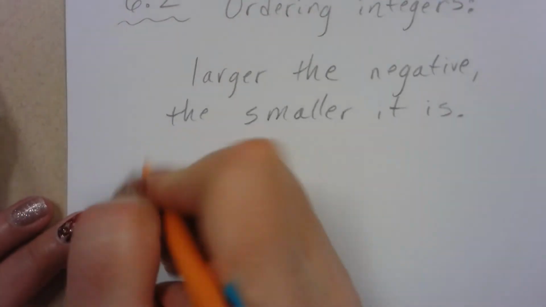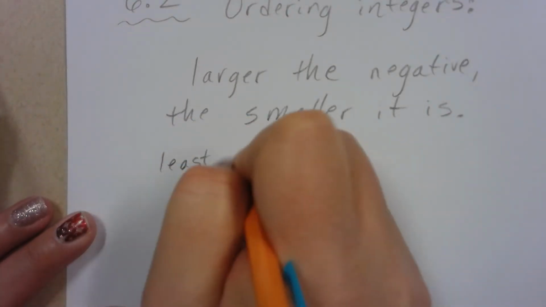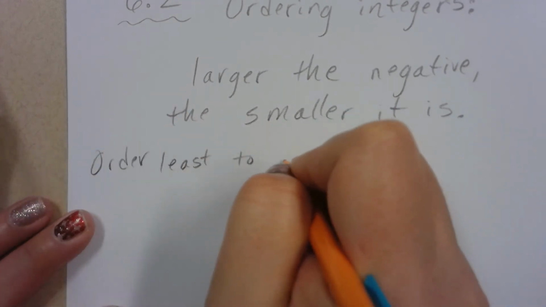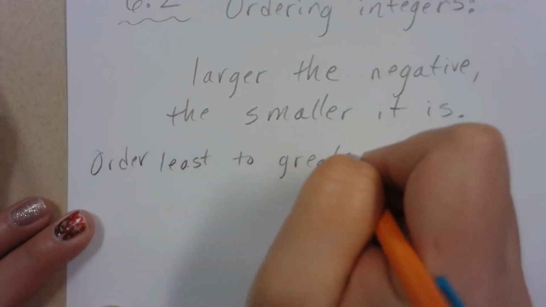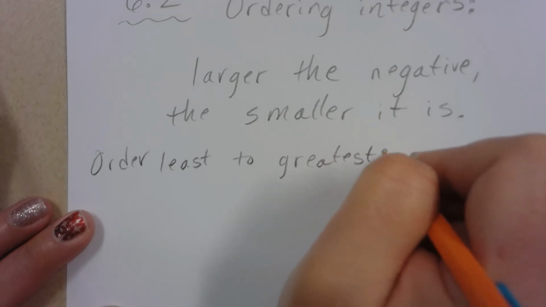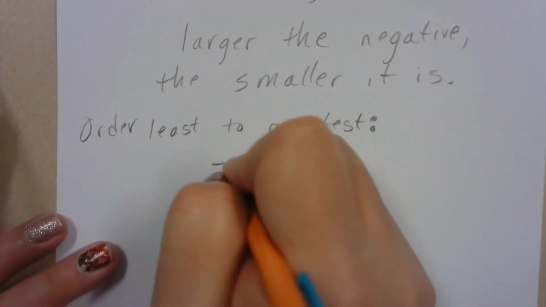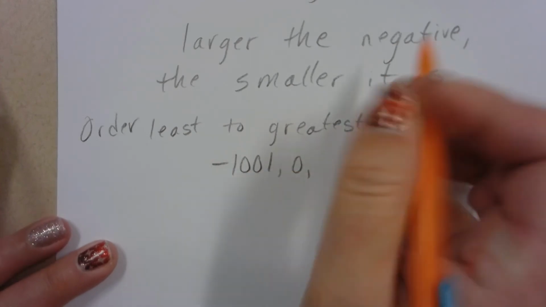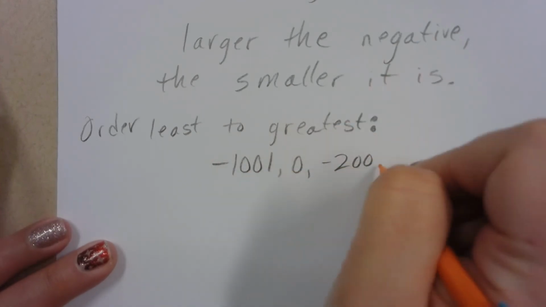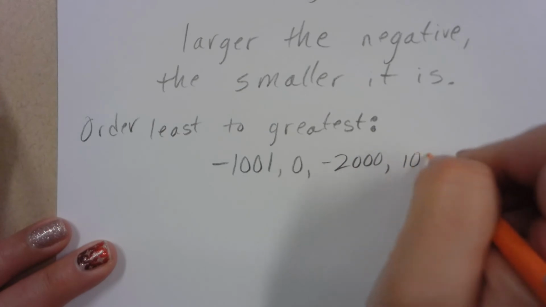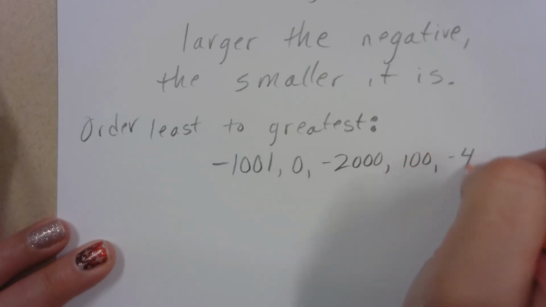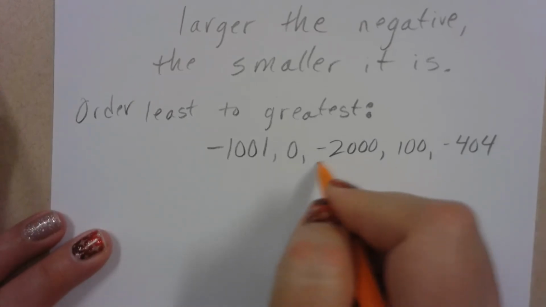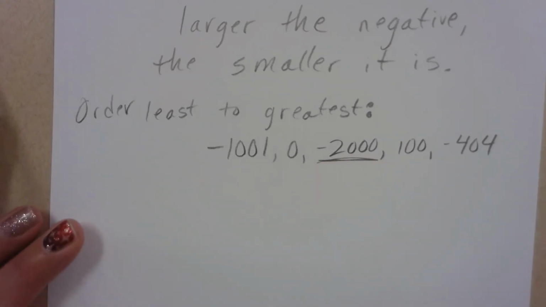Okay, so if I have to order least to greatest, and I have these numbers, the greatest integer is actually the smallest.